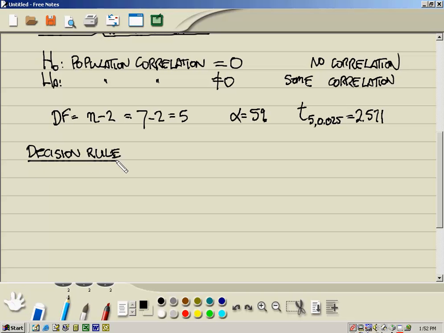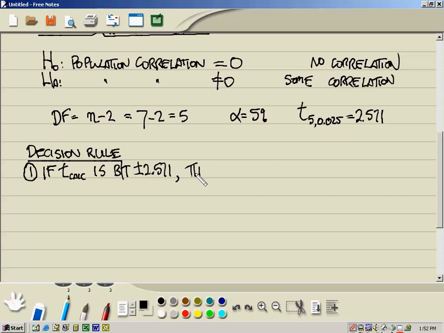And just like the hypotheses always being the same, the decision rules will be the same except for the critical values. So if t-calc is close to 0 or is between the critical values of plus and minus 2.571, we'll skip the do not reject part that we've used before.